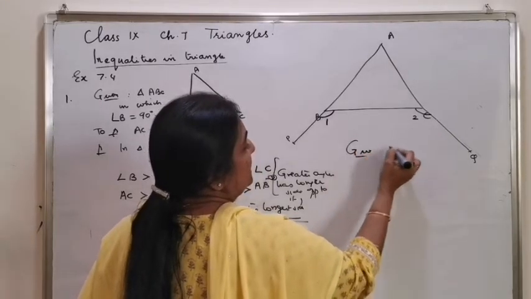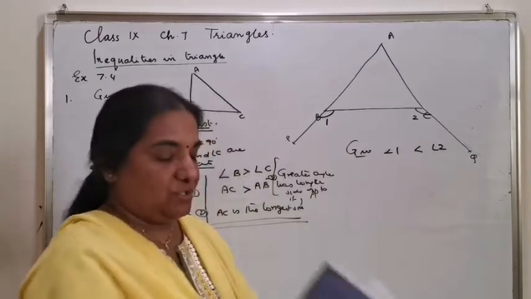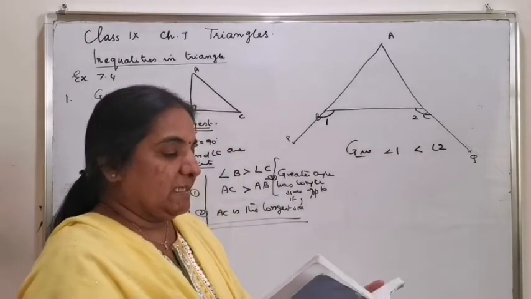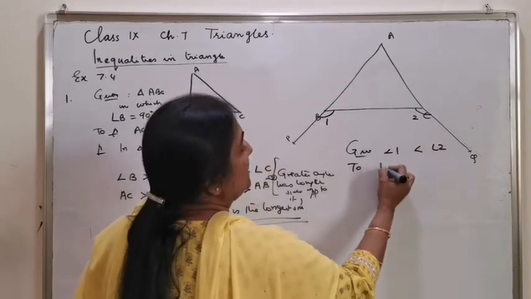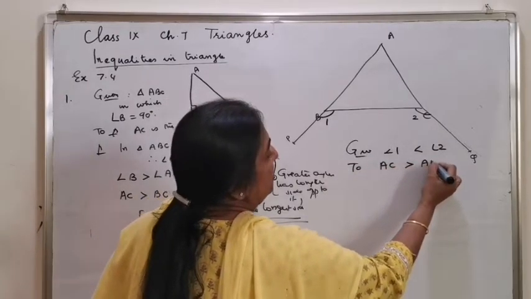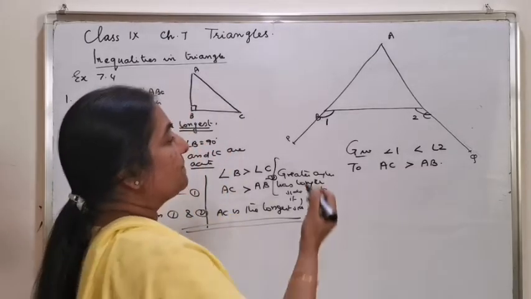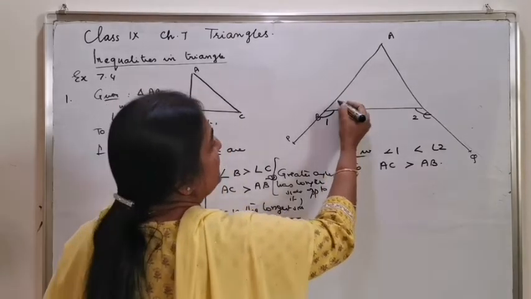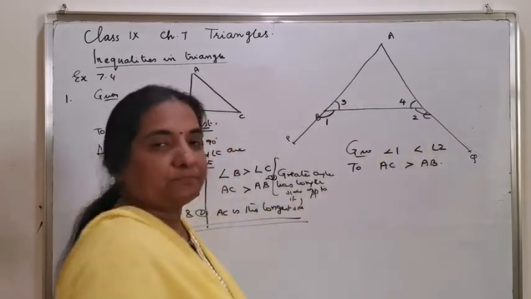So what is given is angle 1 is smaller than angle 2. Prove that AC is greater than AB. What is to prove is AC is greater than AB. And now here just name these other angles as 3 and 4.